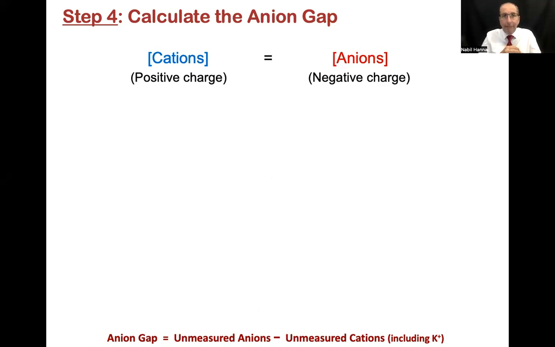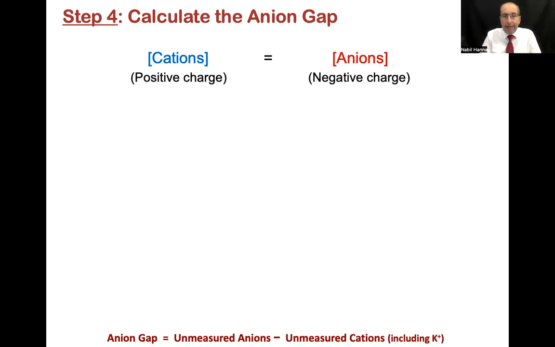Again, I repeat, we do not need to calculate the anion gap in an arterial blood gas analysis unless one of the primary diagnoses or the secondary diagnosis is metabolic acidosis. In this case, we will have to calculate the anion gap in order to define what type of metabolic acidosis we have.